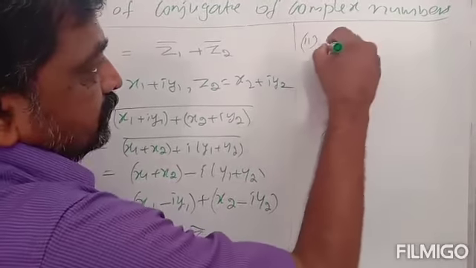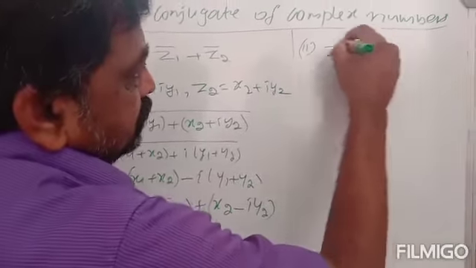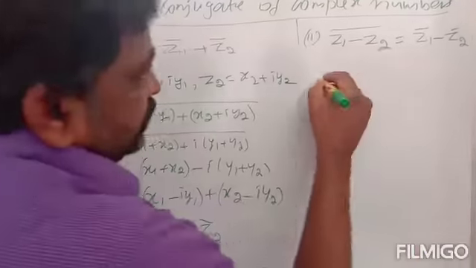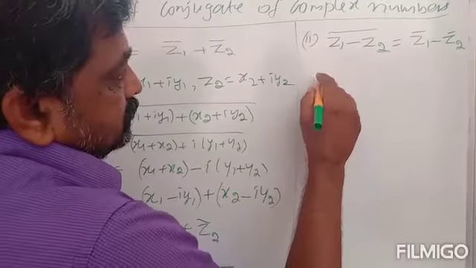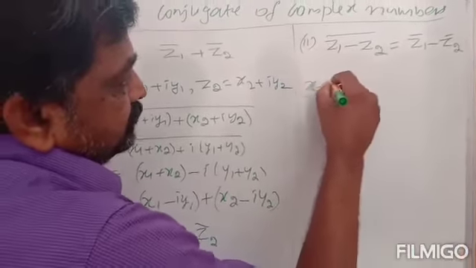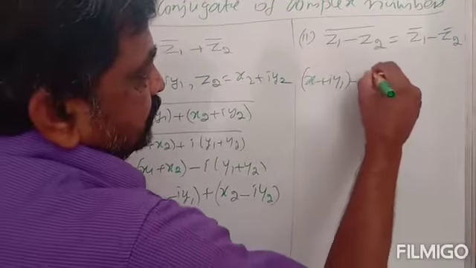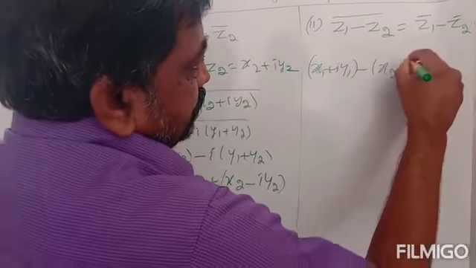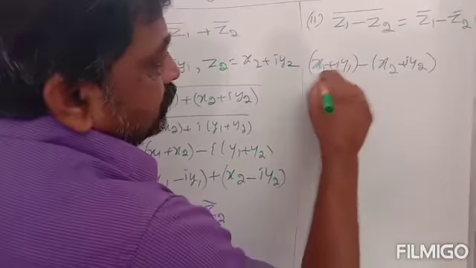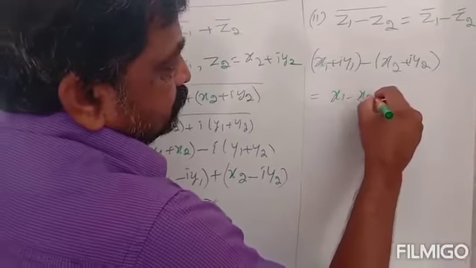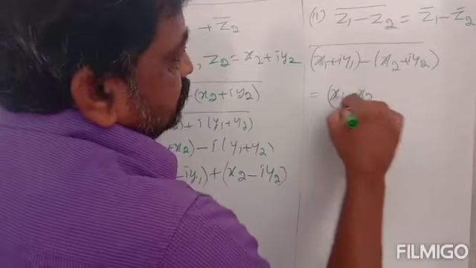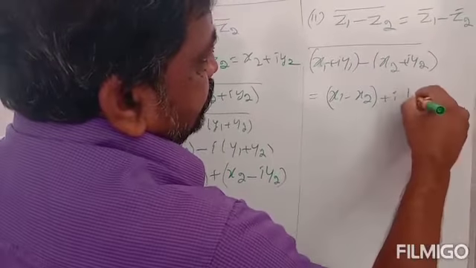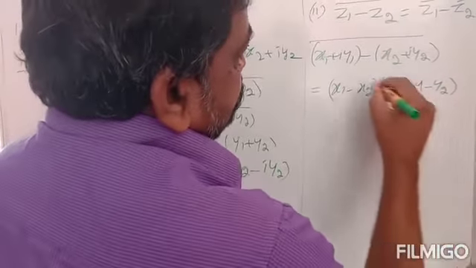Second one, (z1 minus z2) whole bar equal to z1 bar minus z2 bar. So that is equal to (x1 plus iy1 minus x2 plus iy2) whole bar. So that is equal to, we can write, (x1 minus x2 plus i into y1 minus y2) whole bar.